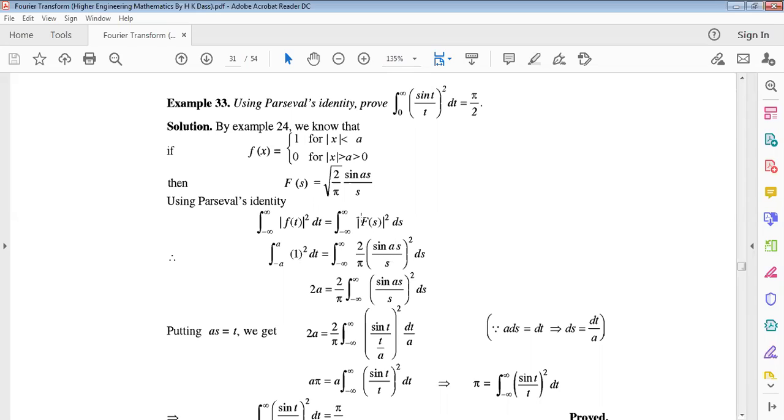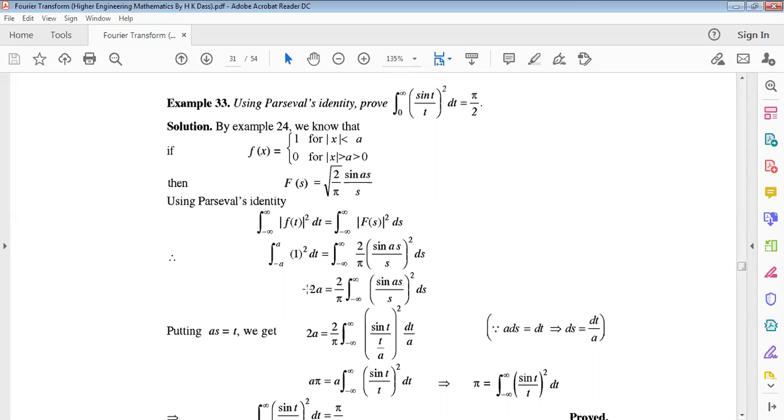This Fourier transform F of s, what we have proved in example 24, the Fourier transform of this function will be this, which is why we have put it here in place of the Fourier transform F of s: square root of 2 by pi, whole square, the square root cancels, 2 divided by pi, (sin as divided by s) whole square ds.